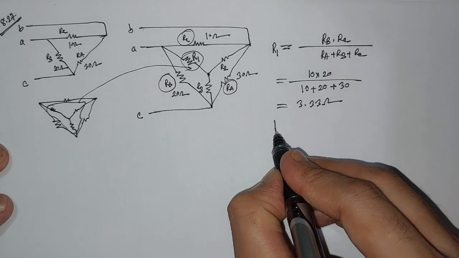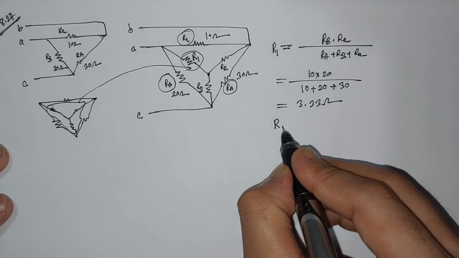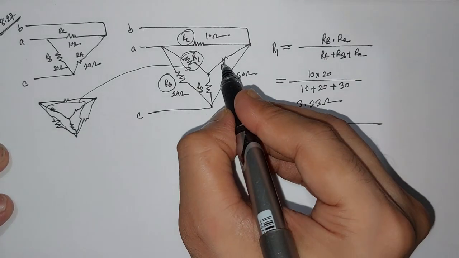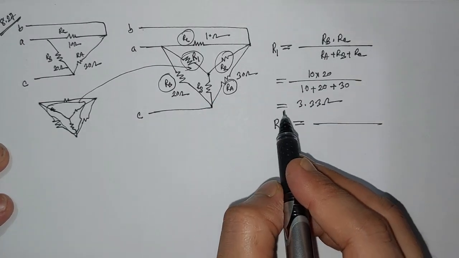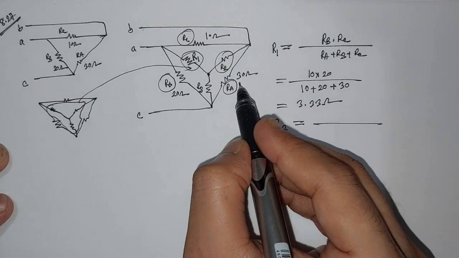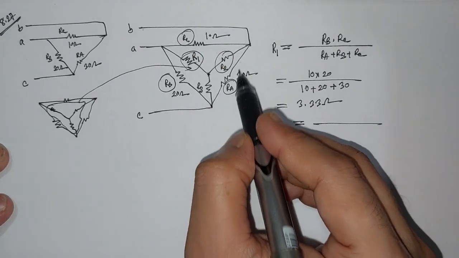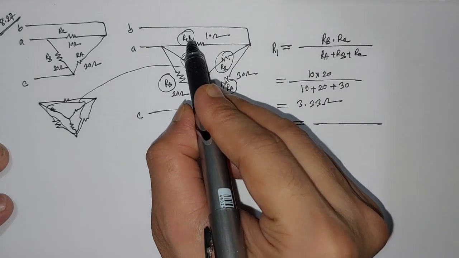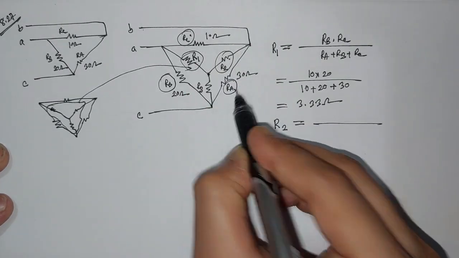Now similarly, let us find out R2. For R2, the numerator will be the two side resistances of R2, which are RC and RA.